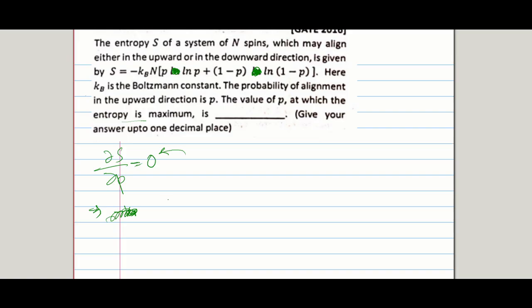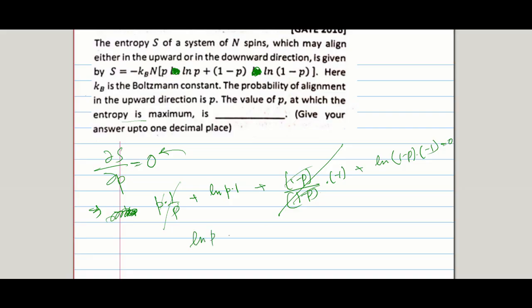Okay, so if we differentiate, we'll get p into 1 by p plus ln p into 1 plus (1 minus p) divided by (1 minus p) into minus 1 plus ln(1 minus p) into minus 1. Okay, so this will get cancelled, this will get cancelled, this is 1, this is minus 1, 1 minus 1 will get cancelled, this equals 0, right?